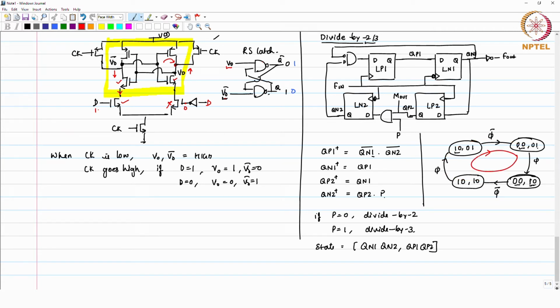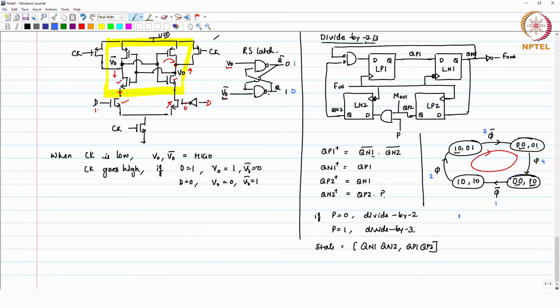If you look at this cycle, this is happening at the falling edge and rising edge. With every falling and rising edge, you count half a clock period. So, 1, 2, 3, 4. After 4 half clock periods, the state repeats here.